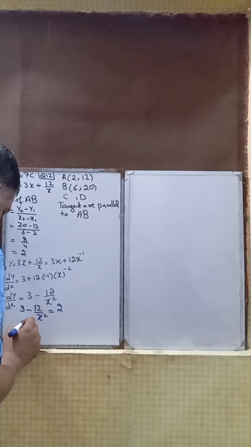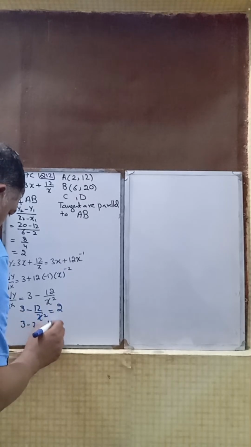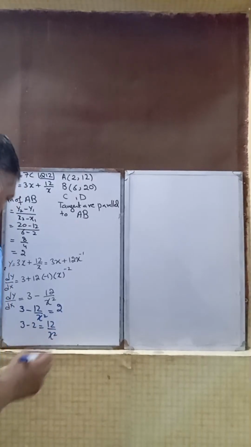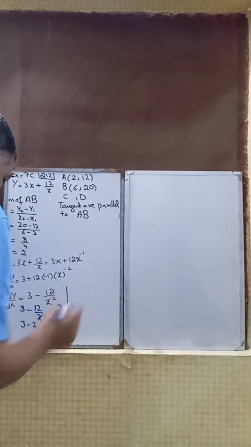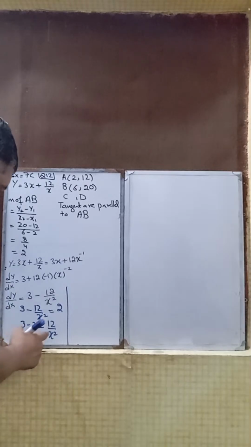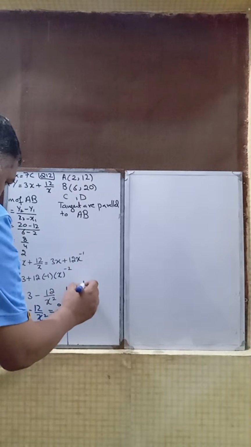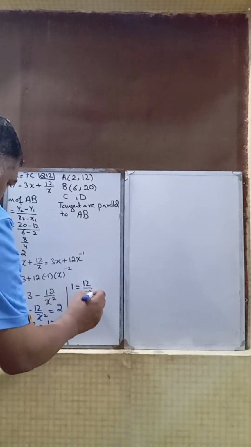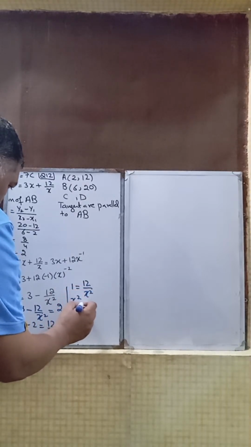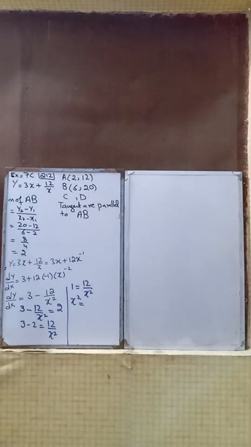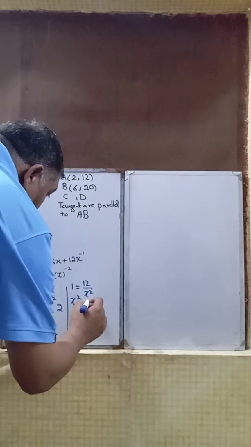Take this to the other side: 3 minus 2 is equal to 12 divided by x squared, so 1 equals 12 divided by x squared. So x squared will be equal to 12.